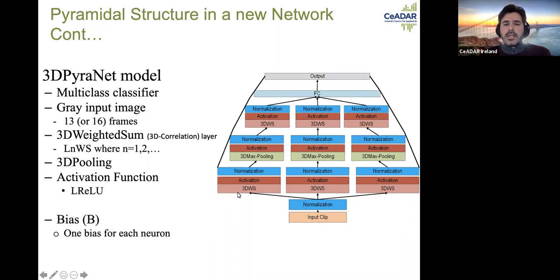The first layer, 3D WS, is the 3D weighted sum or 3D correlation layer, followed by activation and then normalization. Each time, as it is a 3D network, it will reduce the frames. For example, if you take 13 frames as input, it will reduce to 11 at the next layer, then 9 in the following layer, and then 7 in the third layer.